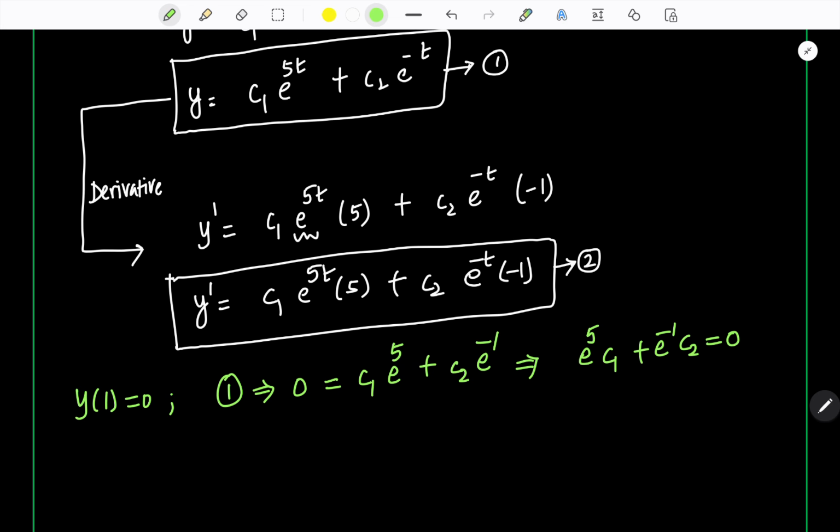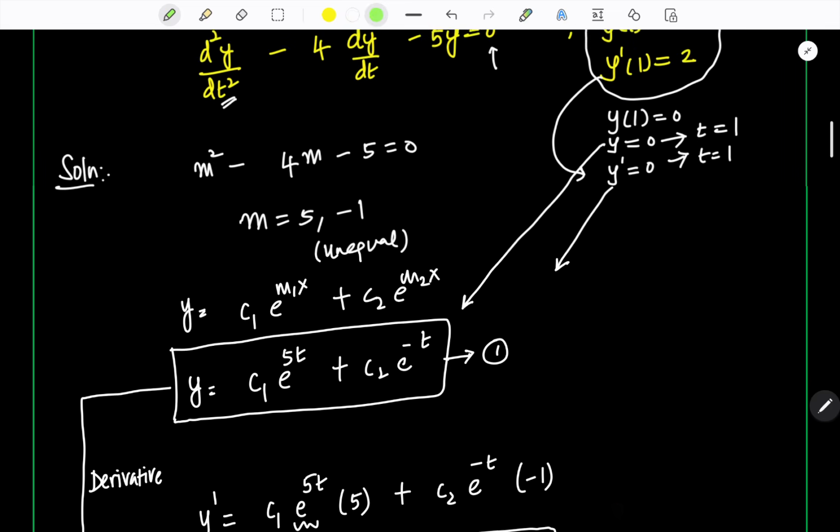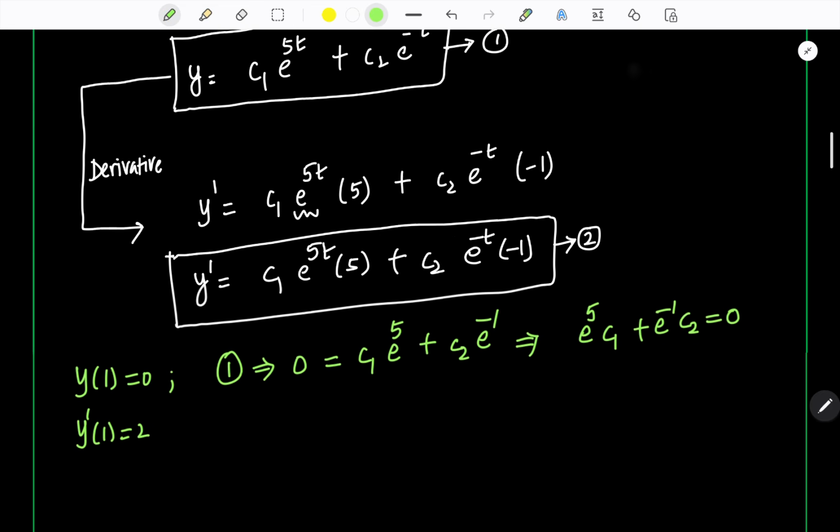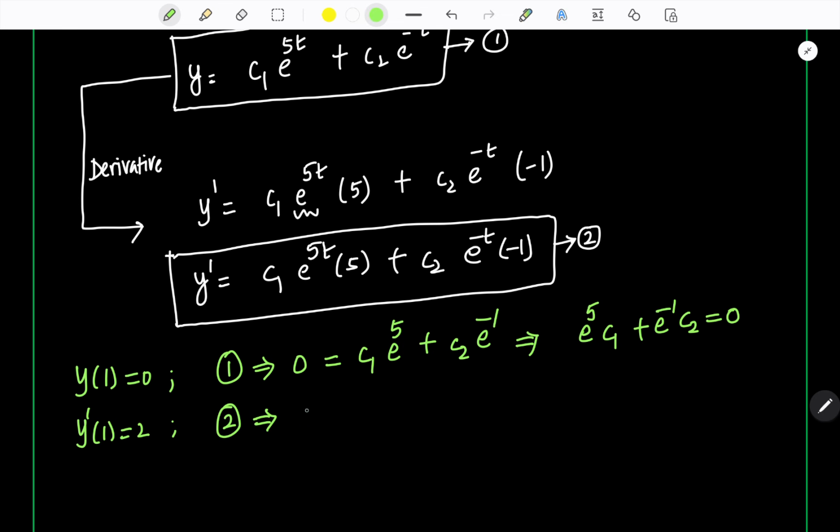Right. Let me put in the second condition. y dash of 1 is equal to 2. Am I right? Let me check. y dash of 1 is equal to 2. So in equation 2, y dash of 1 is equal to 2, and I put it in this equation: c1 e power 5 times 5, because t is 1, plus c2 e power minus 1 times minus 1, which is equal to 2. Let me write it in a different form, listen carefully.